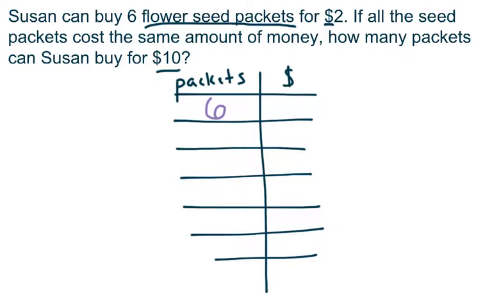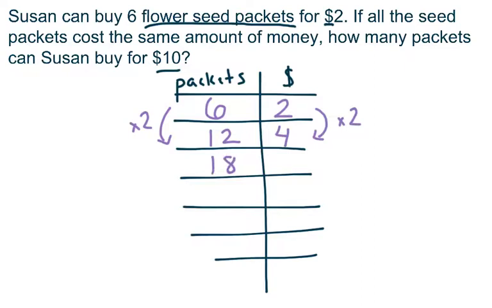Let me make a couple options for myself. 6 flower seed packets and $2. And I can say, okay, what if I want twice that? Do the same thing to packets and to dollars. So 12 packets would be $4. Or I can just count by 6s on the left and count by 2s on the right. Because I know that for every 6 packets, I have to pay $2.